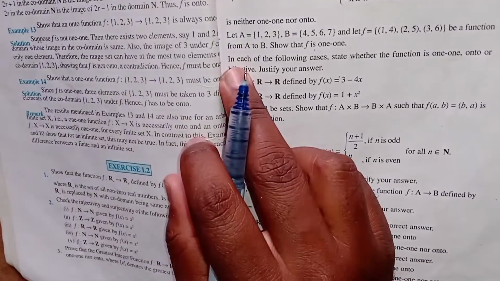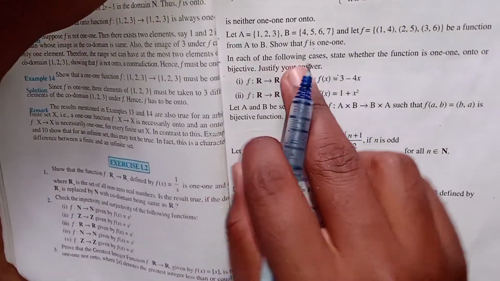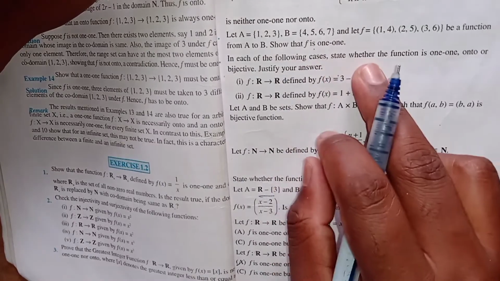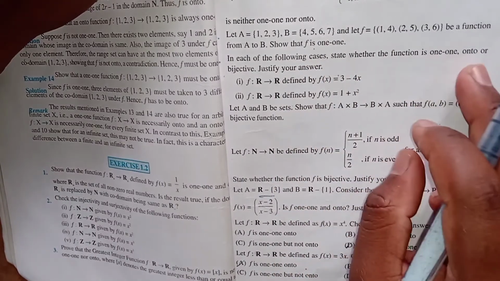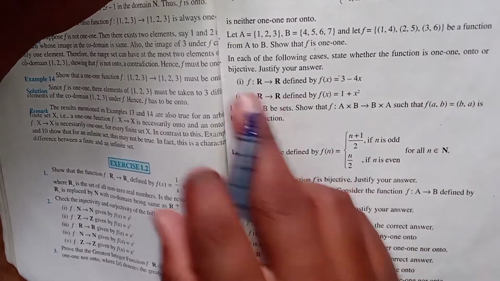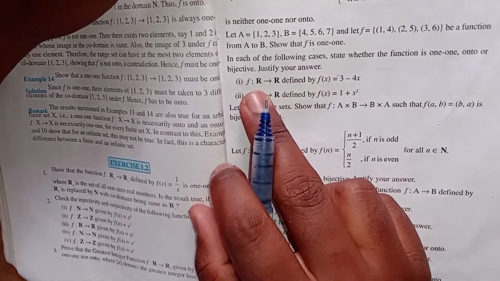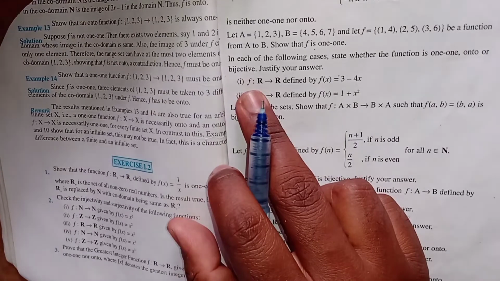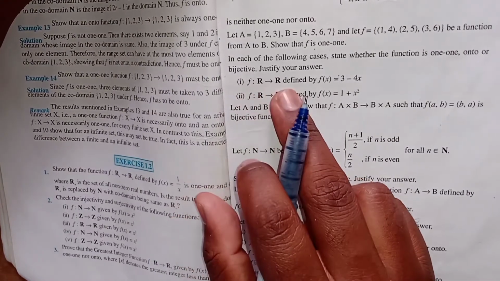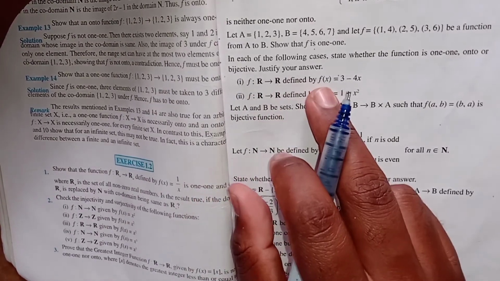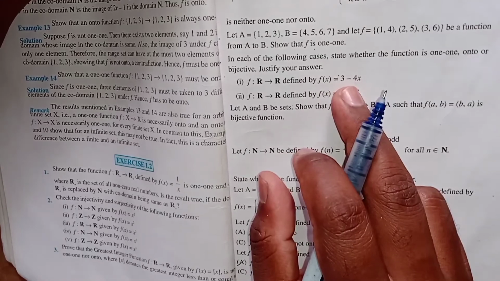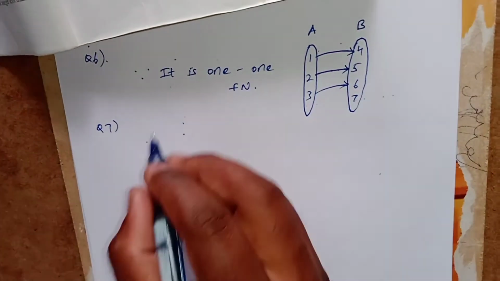Here, in each of the following cases, state whether the function is 1-1, onto or bijective. Justify your answer. Subdivision 1: function from real numbers to real numbers defined by f of x equal to 3 minus 4x.